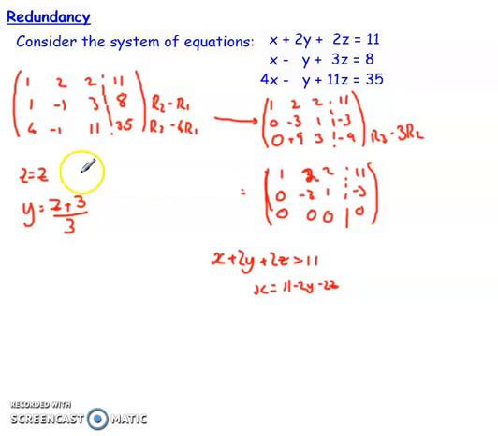If I then plug in the values here for z and for y, what that means is that I'll get x is equal to 27 minus 8z over 3.